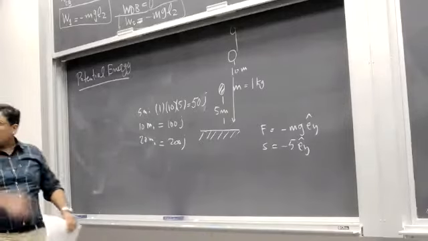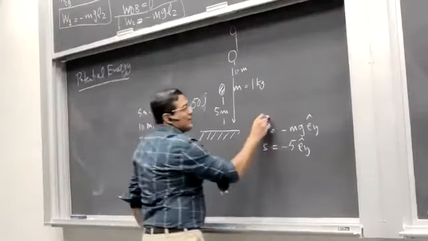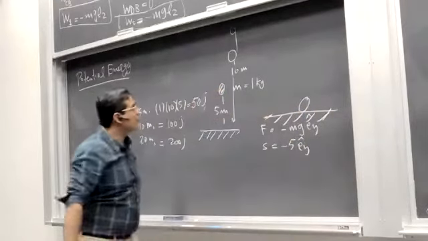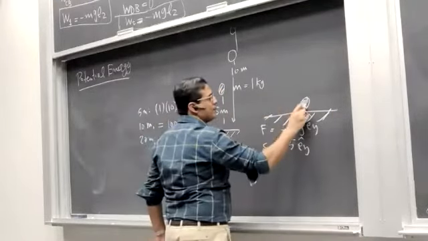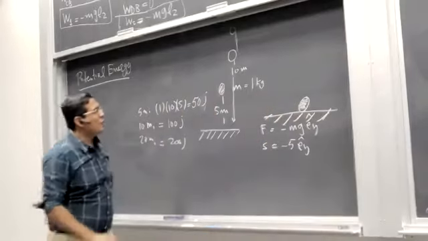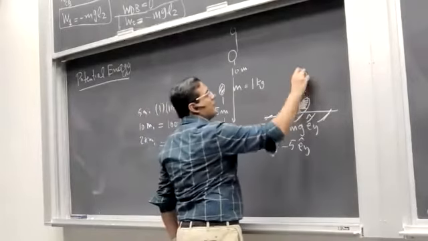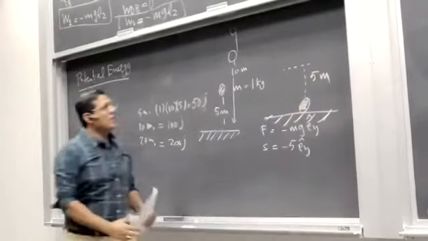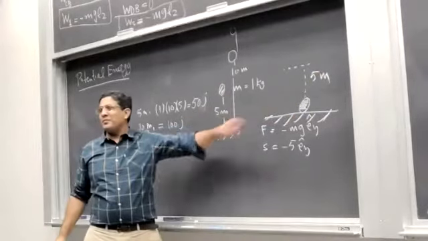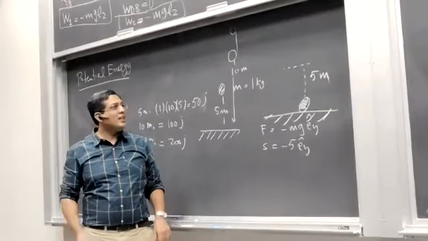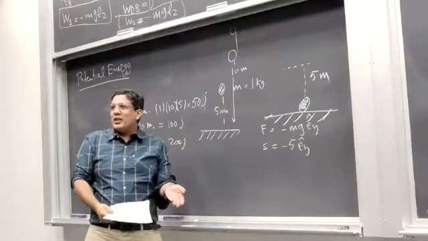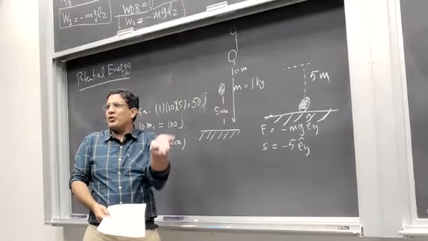Okay, now let's do the opposite of it. Let's say that the object is on the surface of Earth. Now you want to lift it to 5 meters. How much work do we need to do? Negative 50 joules. We are working against gravity. We're moving the object in the opposite direction of the force.